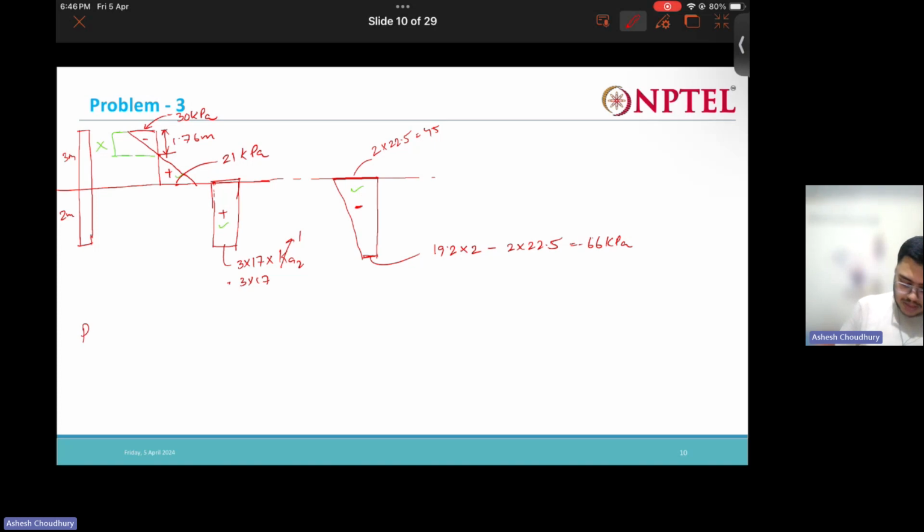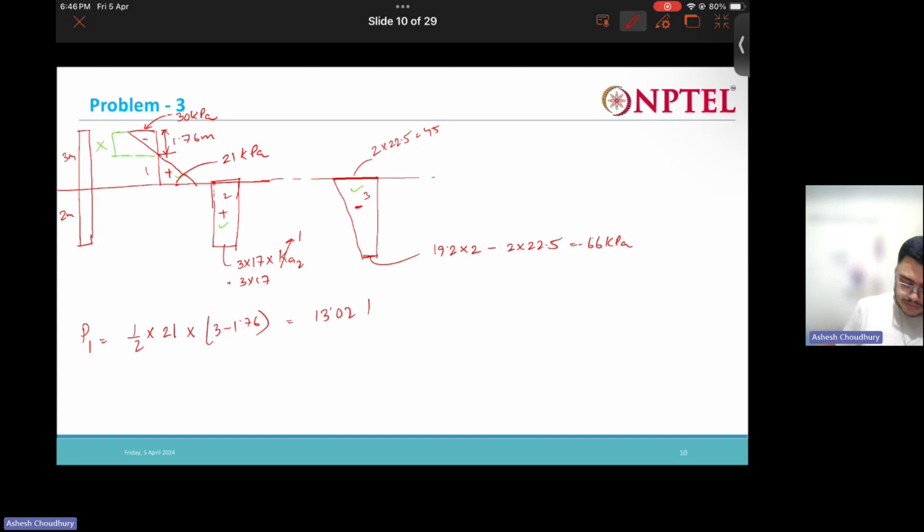Let's call it P1. This one will be 1, 2, 3. So P1 I can write half into 21 into 30.